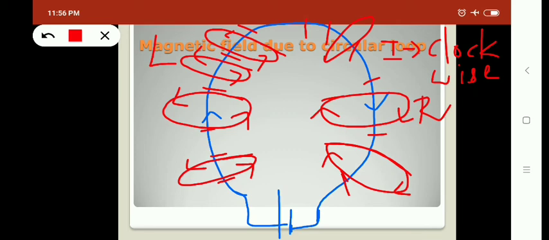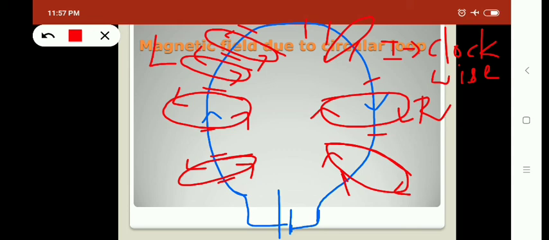So if the magnetic field is entering into a point, which pole will that be? Just recall the properties of the magnetic field lines. What is the first property? The magnetic field lines emerge from a north pole and merge or end in a south pole. So which pole can be considered as a south pole?